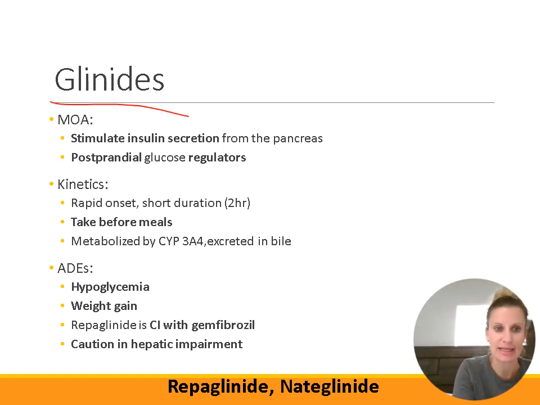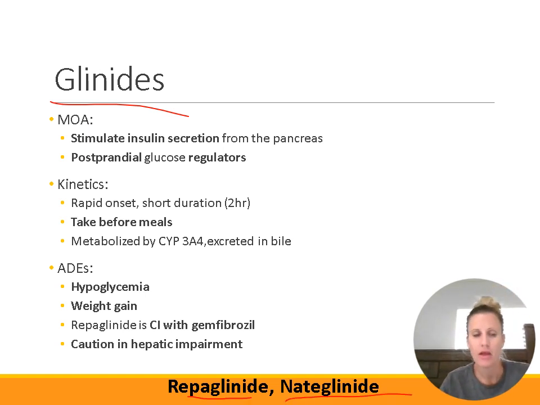So next, the glinides. This is repaglinide and nateglinide. They both end in glinide. So these agents have a similar or overlapping mechanism of action to the sulfonylureas.